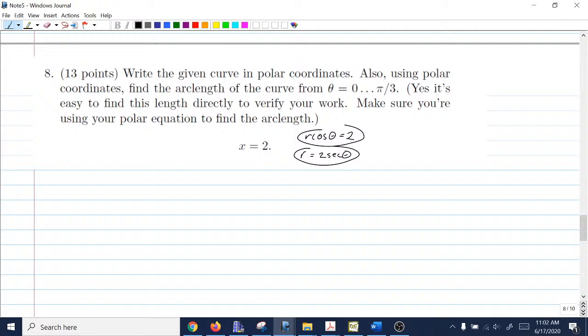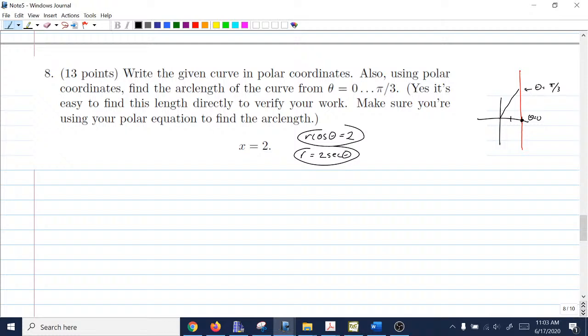Check. Using polar coordinates, find the arc length of the curve from 0 to pi over 3. Well, x equals 2 is a vertical line. I know how to find the length of a line. That's the one I can do. If you have a straight line and you want to go from theta equals 0 to theta equals pi over 3, what is my y-coordinate there?